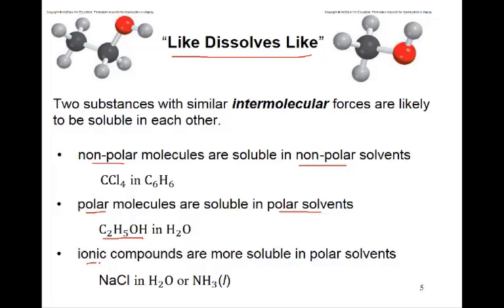Ionic will dissolve in polar and also in ionic. Example, sodium chloride is ionic and will dissolve in polar solvents, and also in ammonia. Ammonia is polar. So polar will dissolve in polar and ionic, and non-polar will dissolve in non-polar. You see, these are all similar terms. Similar terms means like dissolves like.